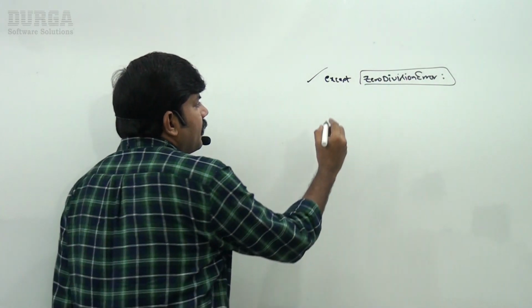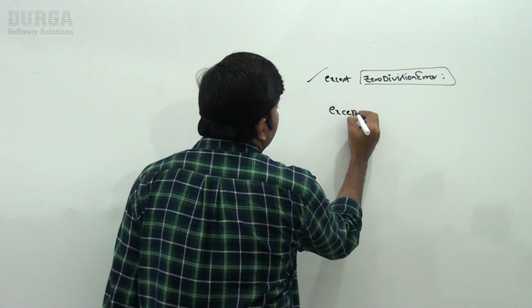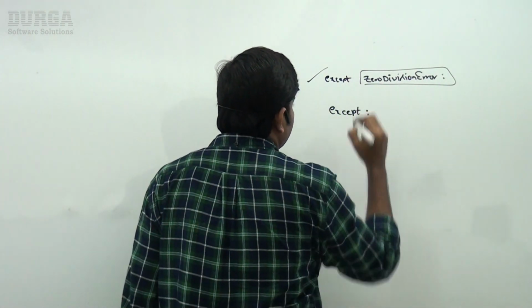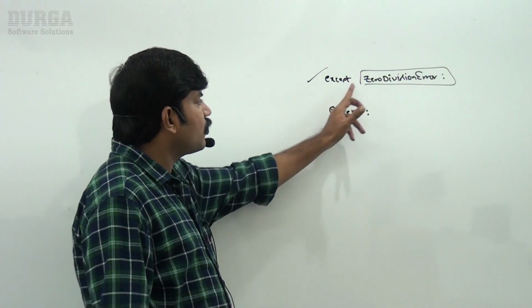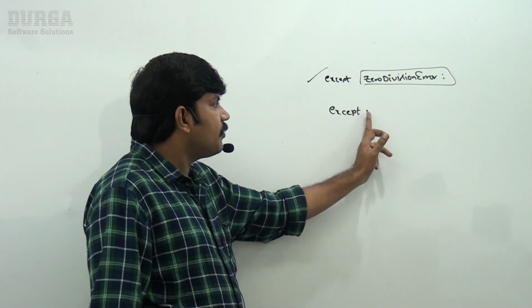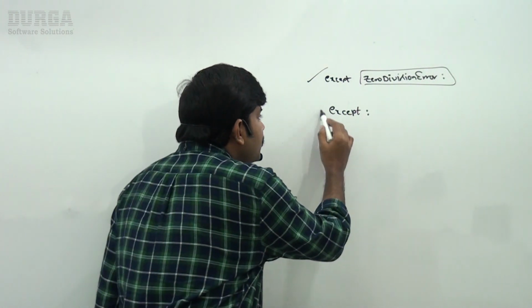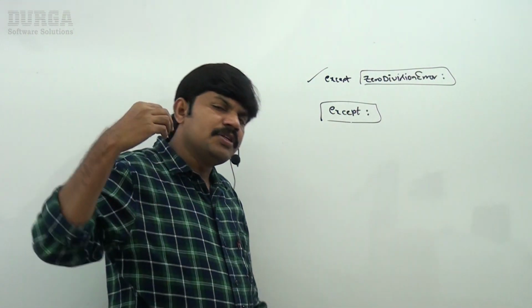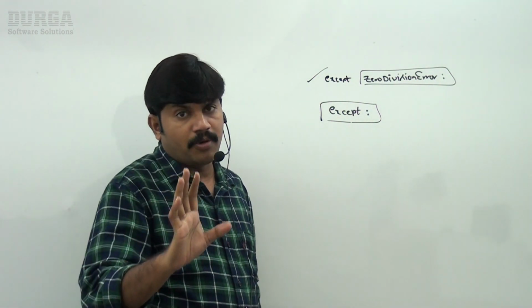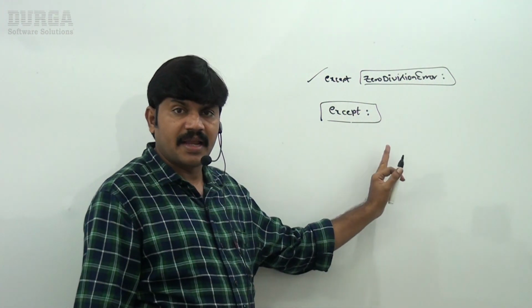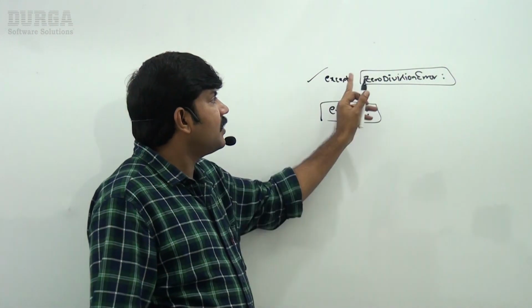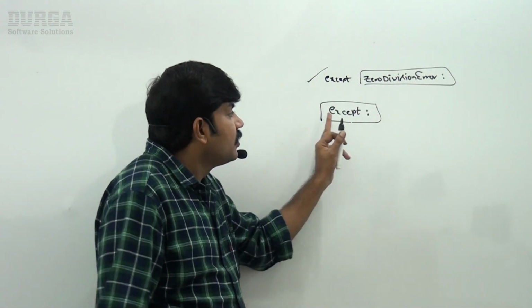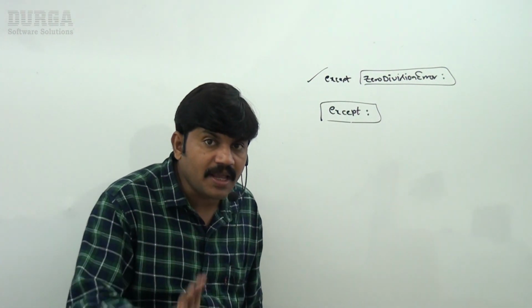Now my requirement: I'm not mentioning anything, just except immediately followed by a colon. This is called the default except block. It can handle any type of exception. If no other except block matched, then only the default except block will be executed.